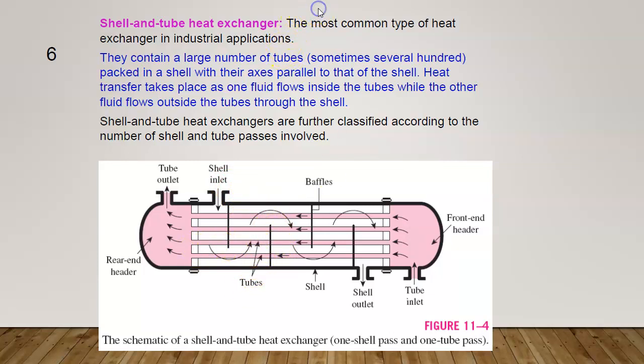And the middle one is tube. So these are the tubes, and the outer one is the shell.